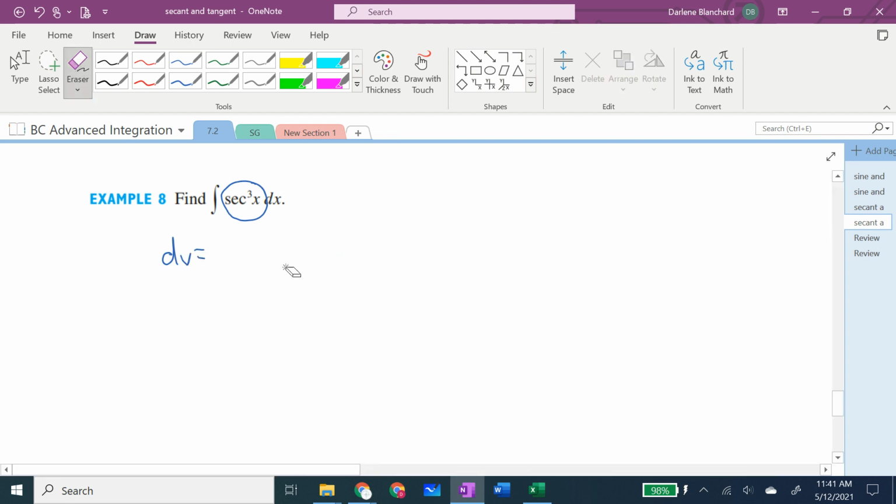I just wrote this backward. So u is what I'm going to differentiate. dv is what I'm going to integrate. And we know how to integrate secant squared because it is an answer to a derivative. So secant squared is the answer to the derivative of? Tangent.